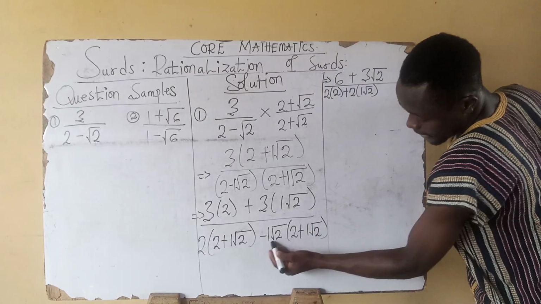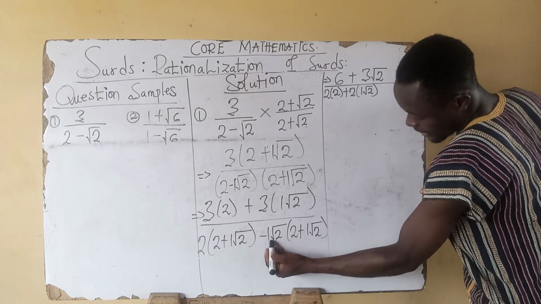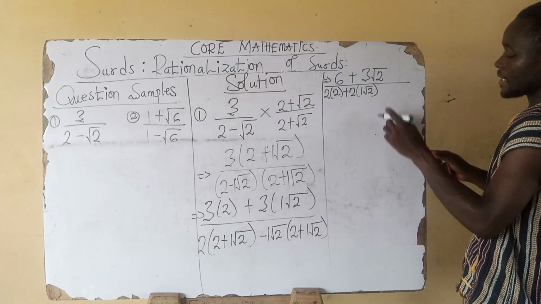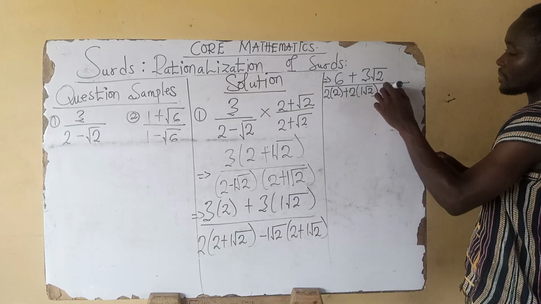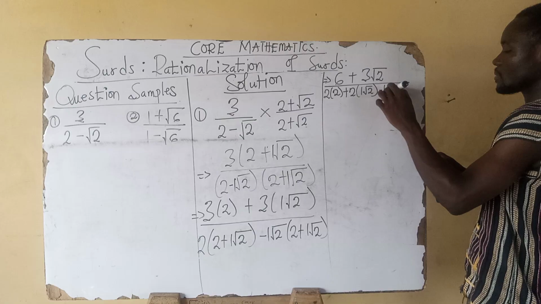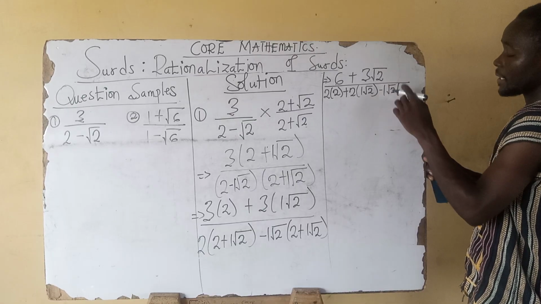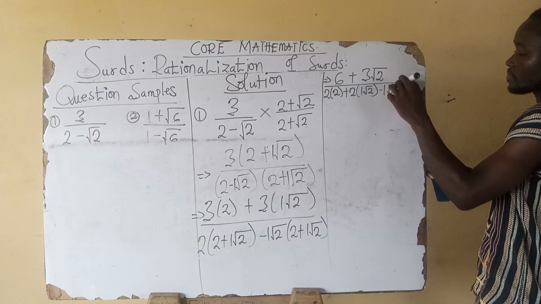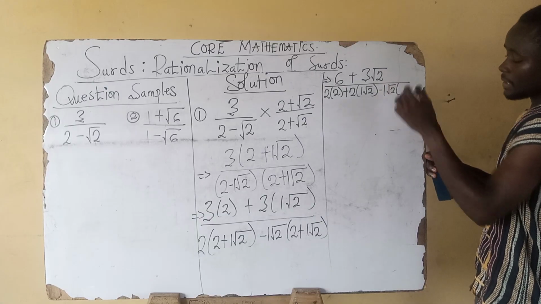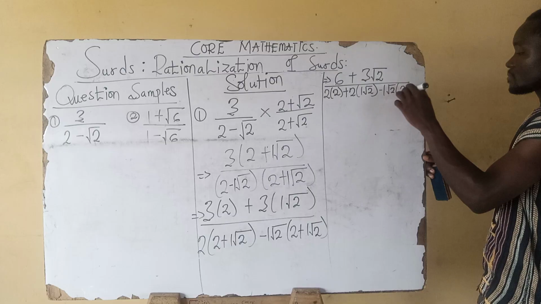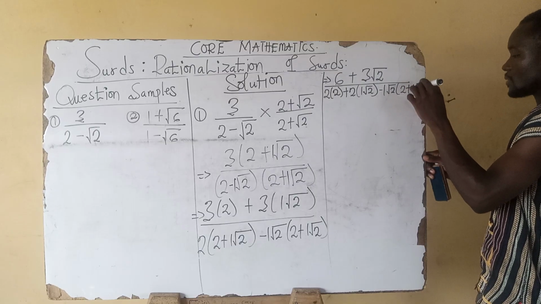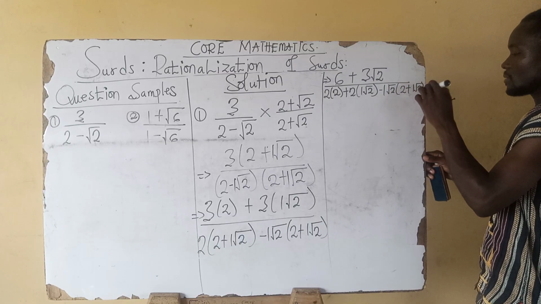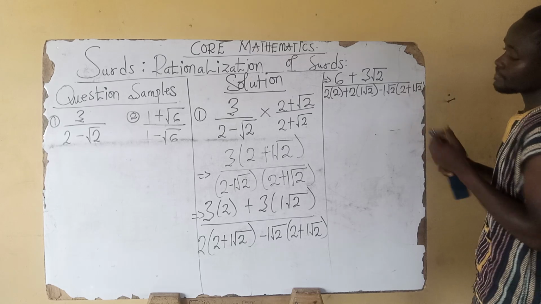So after this we take charge of this, then after it will take charge of what we have over the 2. So I have negative 1 root of 2 in the bracket. So when we do it in this manner, 2 plus 1 root of 2, then bracket close.